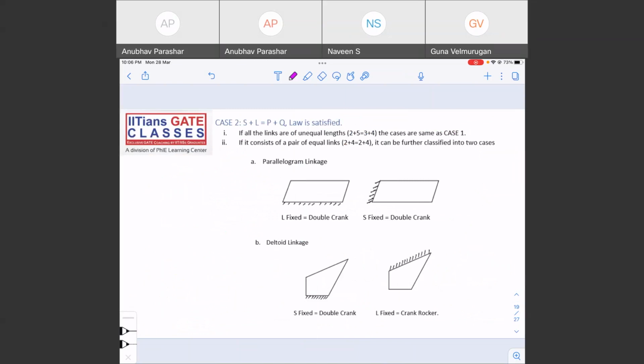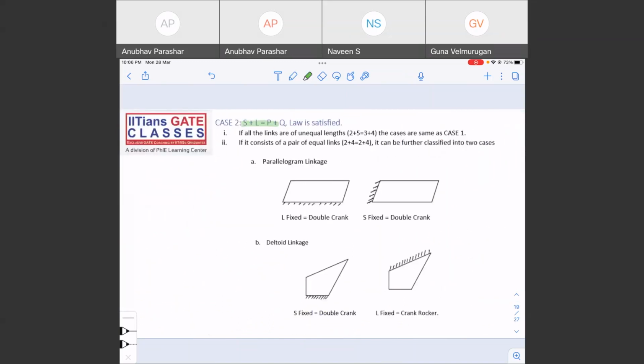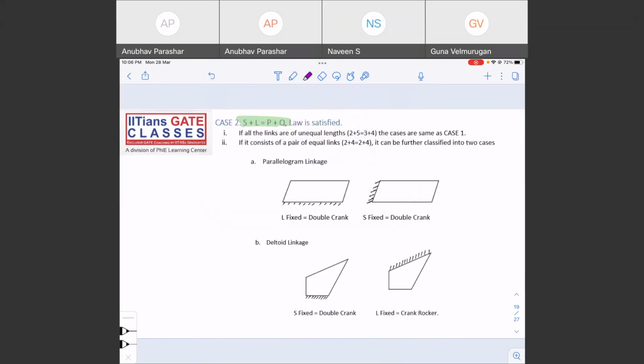Smallest plus largest, the second case is smallest plus largest is equal to P plus Q. What was the first? That was smallest plus largest is smaller than P plus Q. Now smallest plus largest is equal to P plus Q. In this case, again, there will be two cases. The links arrangement will be something like this.